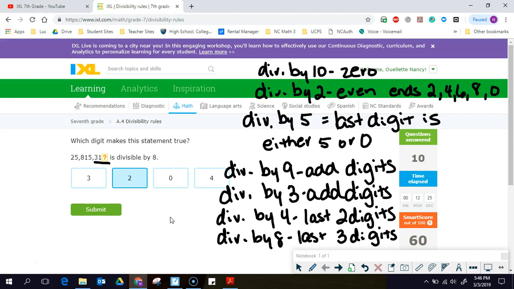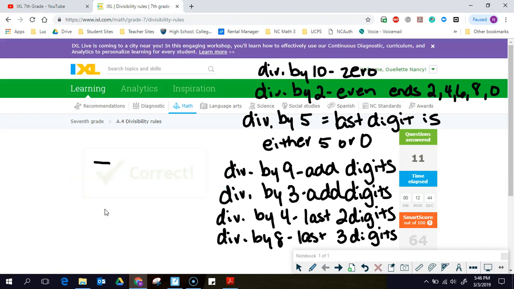I'm sorry, 310. And then 314 also wouldn't be either, because if 312 is, you'd have to add 8 or subtract 8 for the next number. So the 2 on the end is the only one that would be divisible by 8.